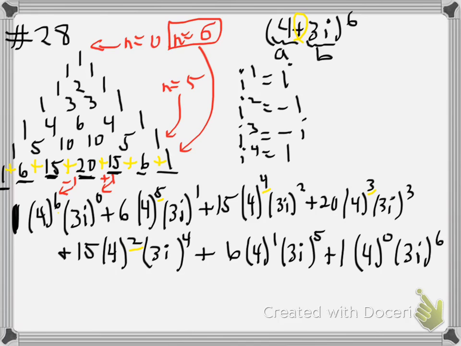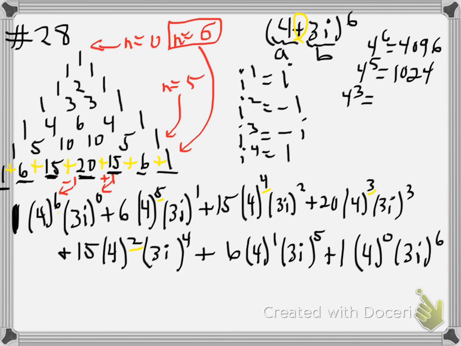Another thing is 4 to the 6th is 4,096. 4 to the 5th is, just check it here, 1,024.